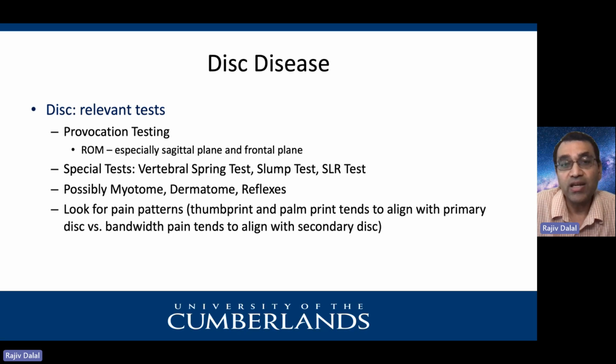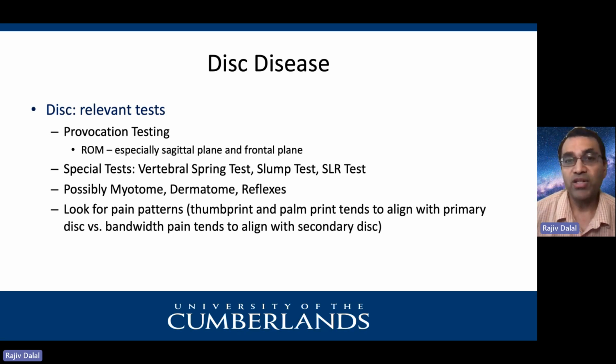So a lot of times you ask them to point to it, they'll take their entire hand and place the palm of their hand somewhere on their back. And so if they do show you that, again, not a definitive indicator of disc involvement, then that's a good supportive piece of evidence that maybe the annulus fibrosis is compromised.